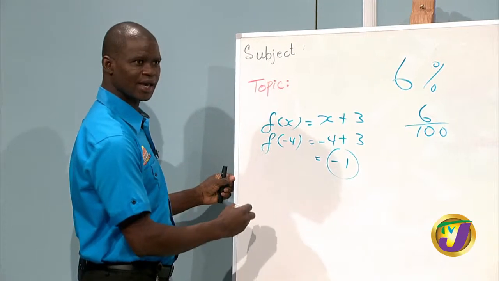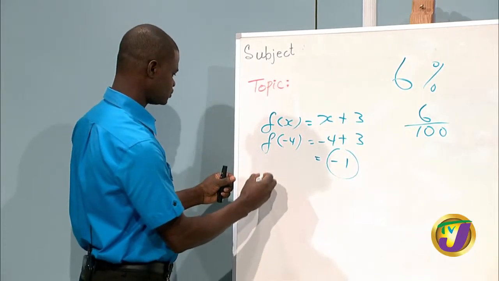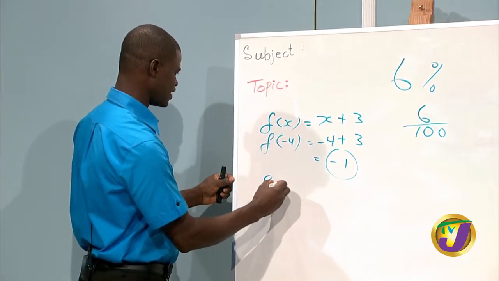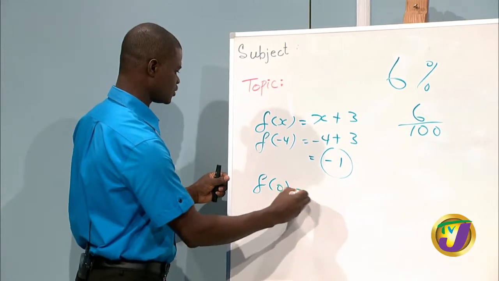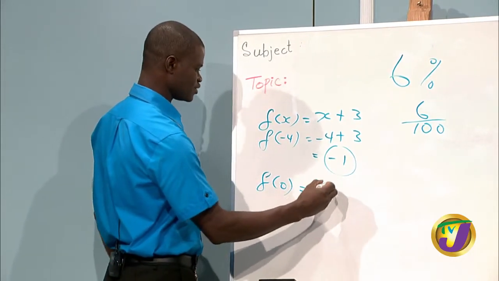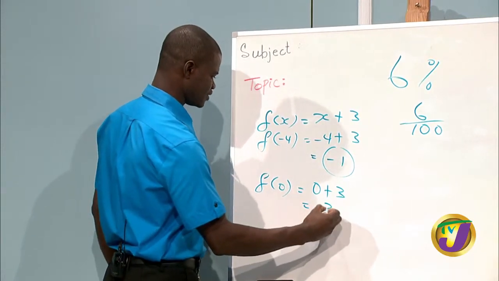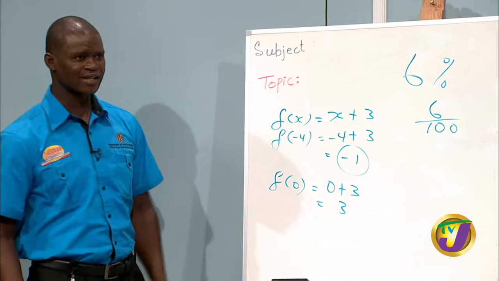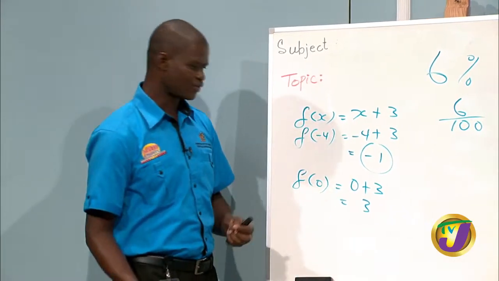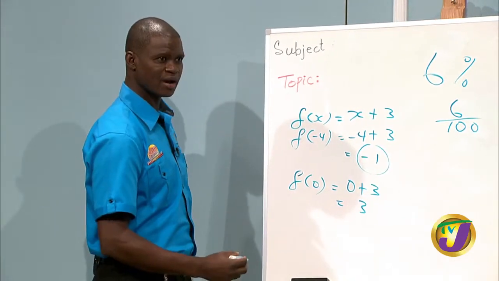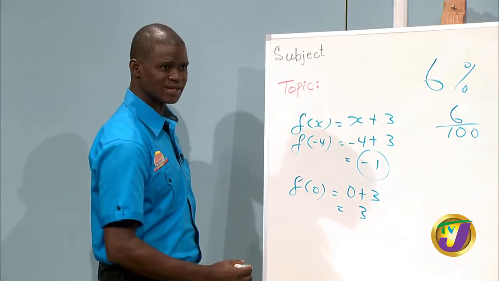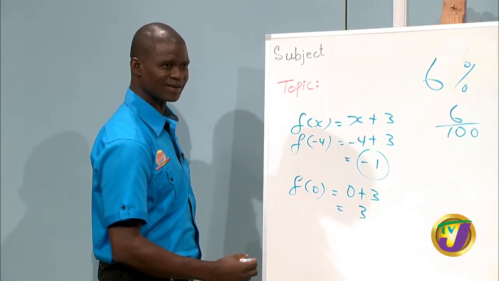So when x is 0, that is finding f of 0 now. So it is just what? 0 plus 3, which gives us 3. Right? So that is how he arrived at those points. Now let us try a positive value. So let us say when x is 3.